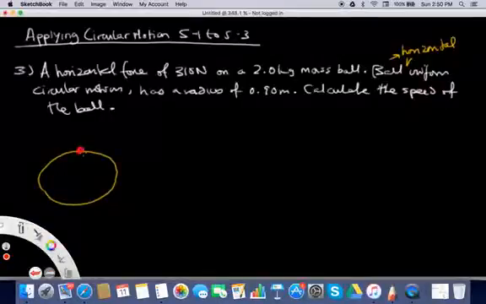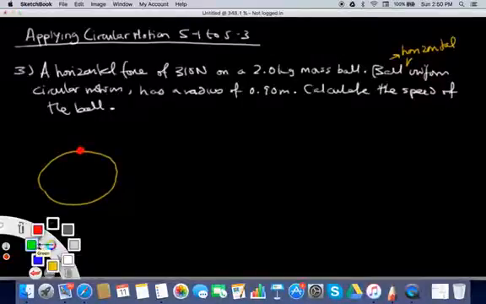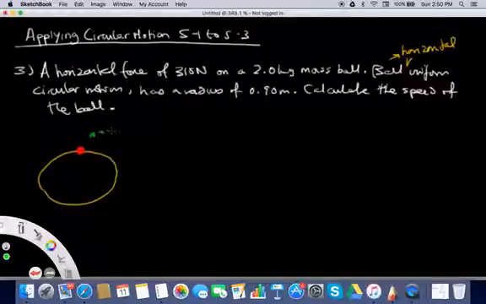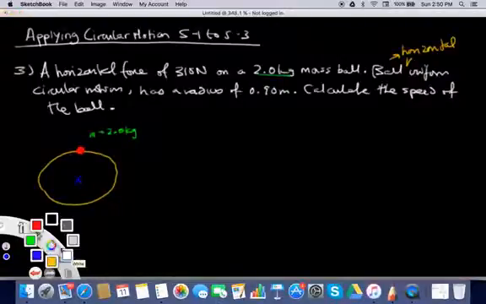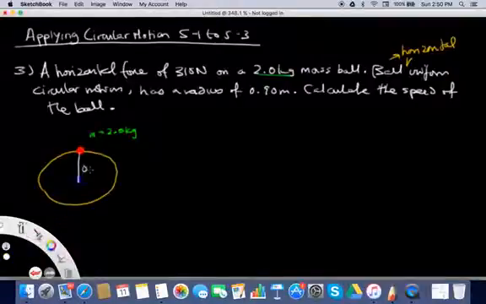Its mass is 2.0 kilograms. It's in uniform circular motion, and the radius, that means the distance from the center of the circle, they gave us to be 0.90 meters. So we showed this information.